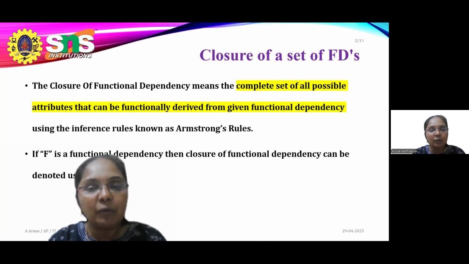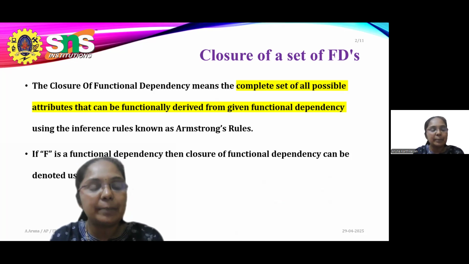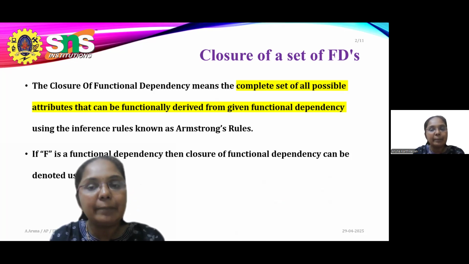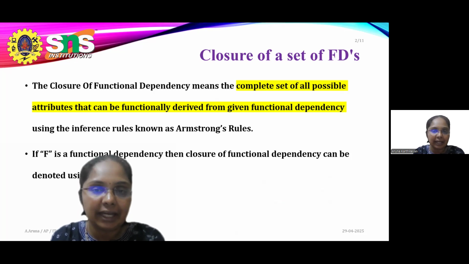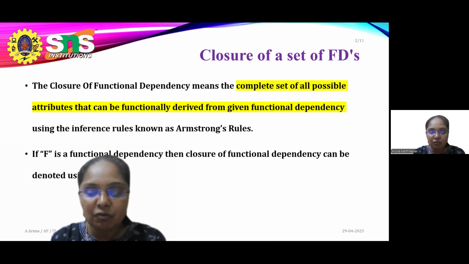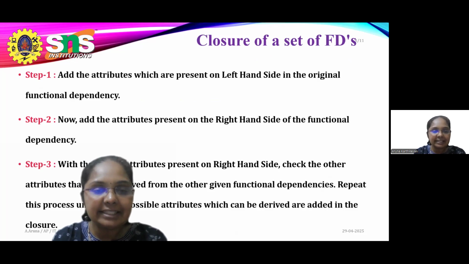Why do we have to identify closure sets? If I want to reduce the multiple dependencies, that is, minimize the redundant data in my particular database, definitely I have to calculate the closure set. For calculating this closure set, we have to follow 3 steps. What are the steps?